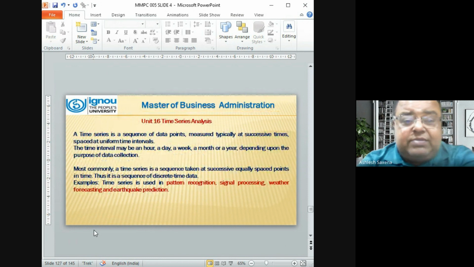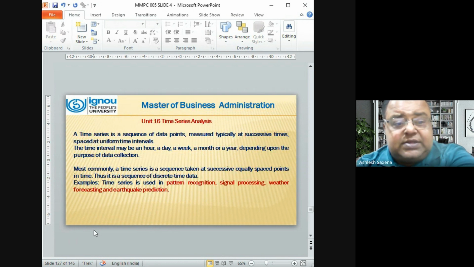Then comes time series analysis. A time series is a sequence of data points measured typically at successive times, spaced at uniform time intervals. The time interval may be an hour, a day, a week, a month, or a year, depending upon the purpose of data collection.